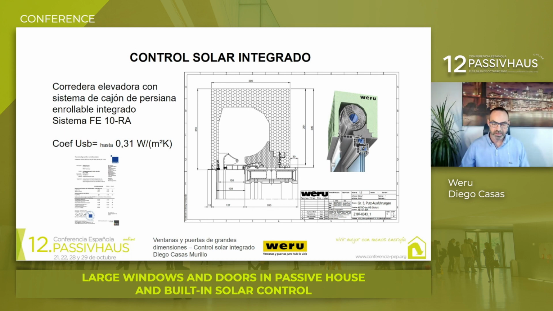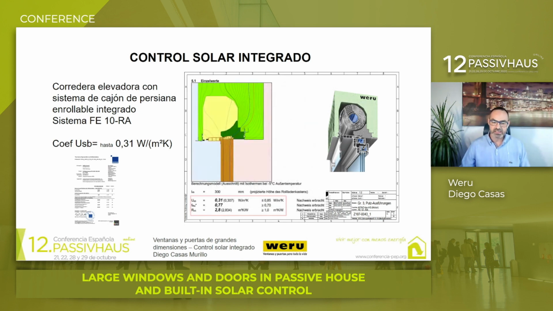The interesting feature of these systems is that the whole structural design is certified, where we can control all of the blind casing or shutter drawer parameters. In this case, we can see a lifting and sliding door with a roller casing for the blind, and also an analysis of the casing or drawer.